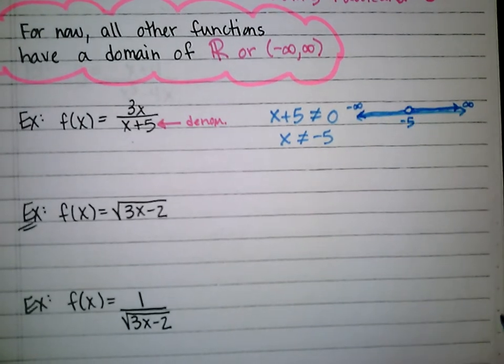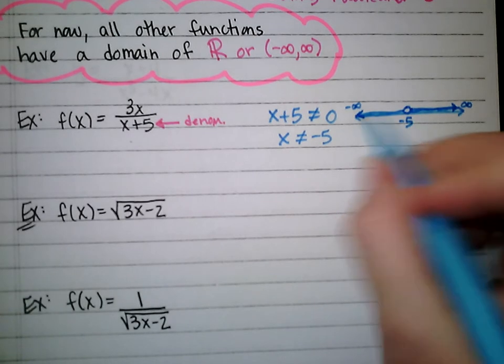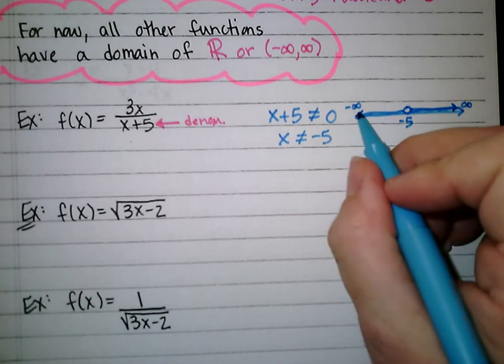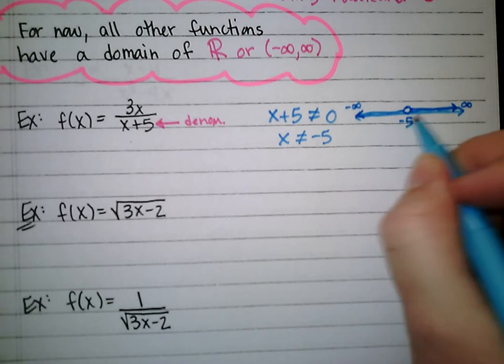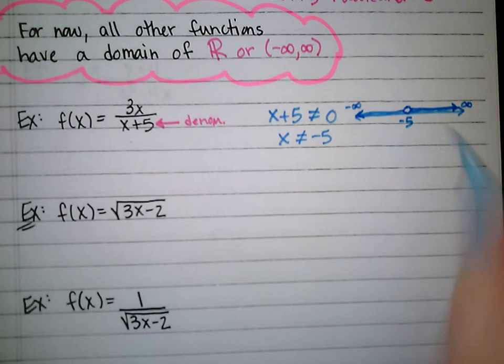So on a number line, that's what that domain would look like. In interval notation, I have two shaded regions, so I need two intervals. The first interval starts at -infinity and ends at -5, but it doesn't include -5. And then the second section starts at -5, ends at infinity, but doesn't include -5.